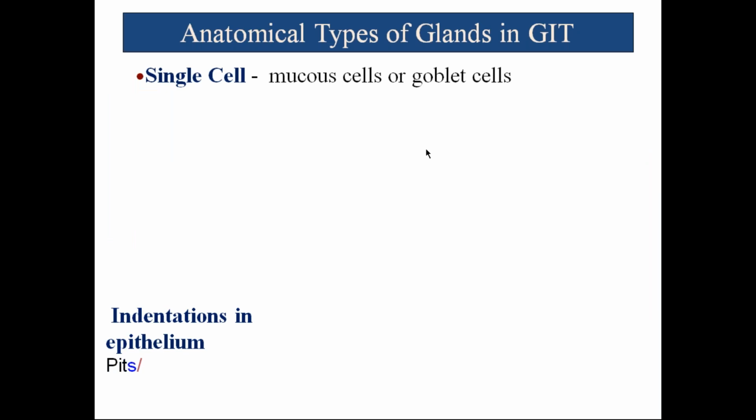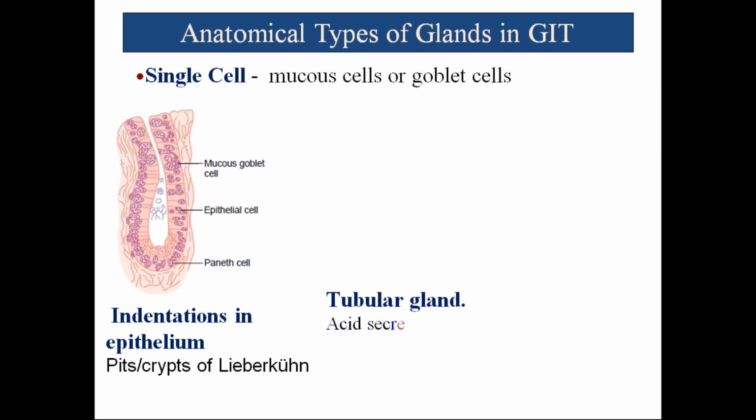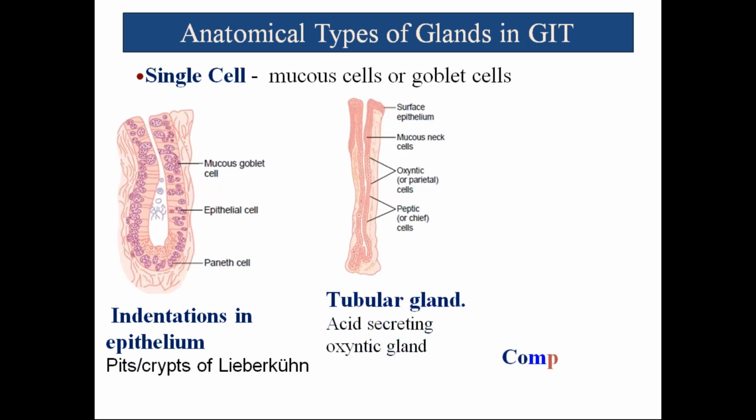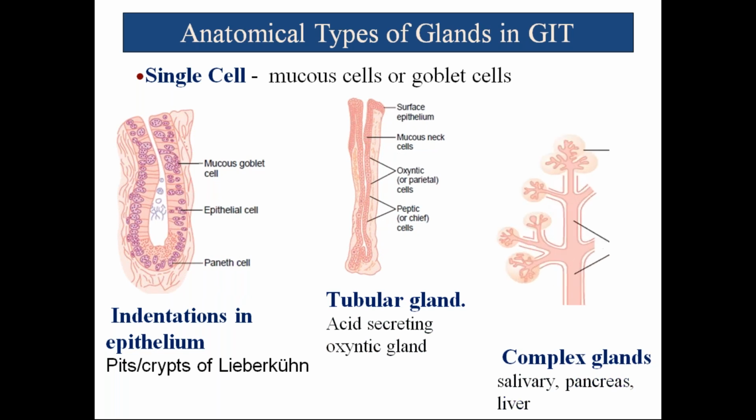So again, there are various anatomical types of glands in the GIT. एनाटॉमी में आपने पढ़ा होगा, सिंगल सेल होते हैं. Then you have what is basically single cell glands.